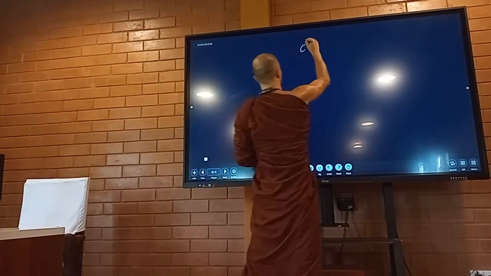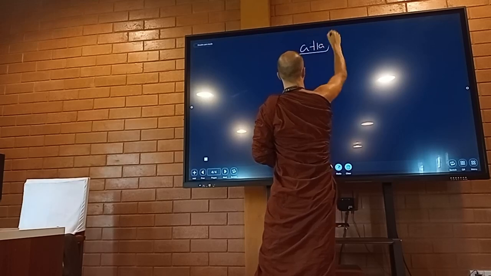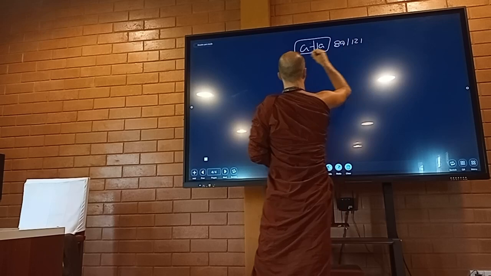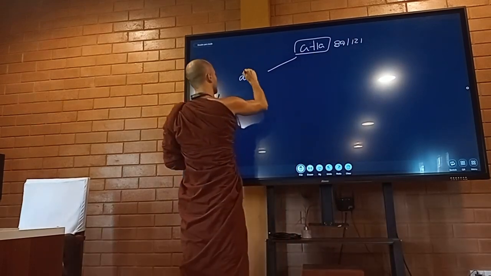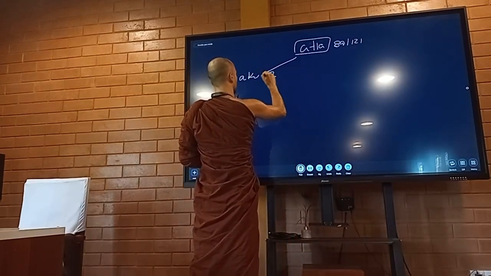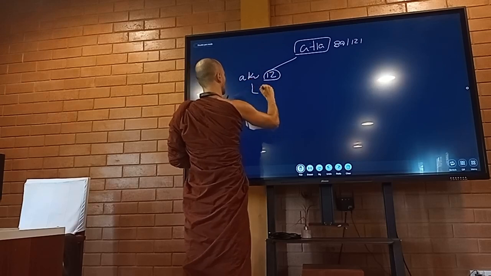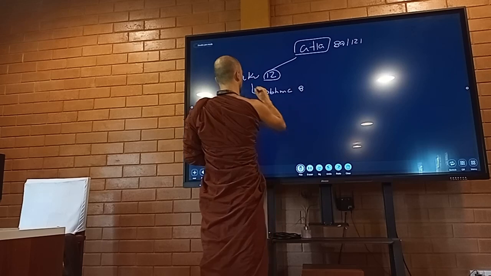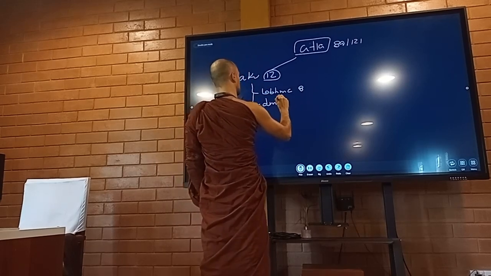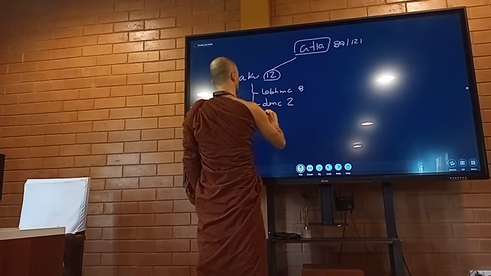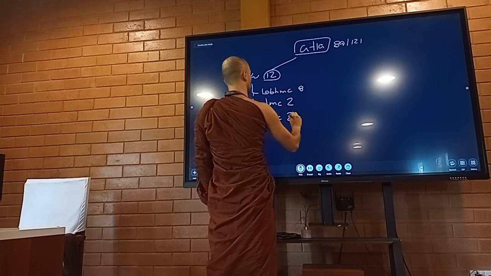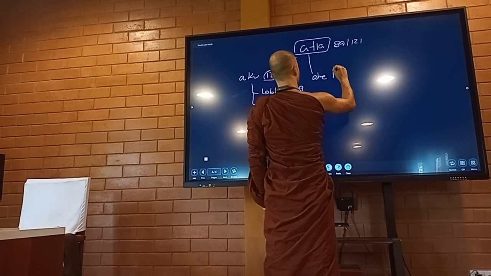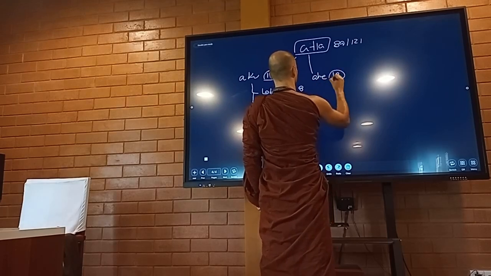What is the Citta chart? Cittas, we have how many? 89 or 121. We have here akusala, 12 cittas. We have lobha mula citta, 8. Dosa mula citta, 2. Moha mula citta, 2. Then we have ahetukas, 18, right?